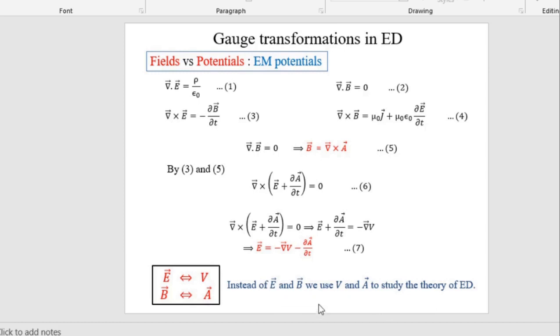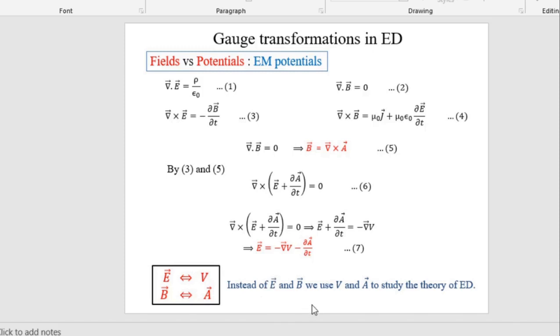In fact, it is also well established that in theoretical studies we generally prefer scalar quantities instead of vector quantities, because working with vector quantities is generally cumbersome.